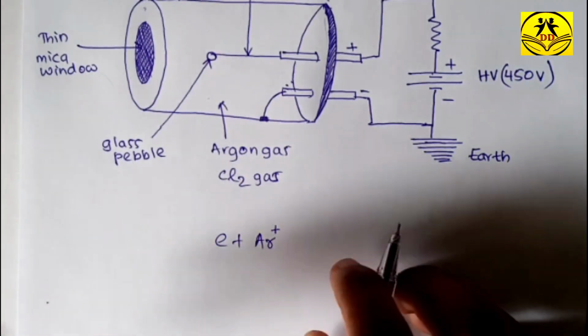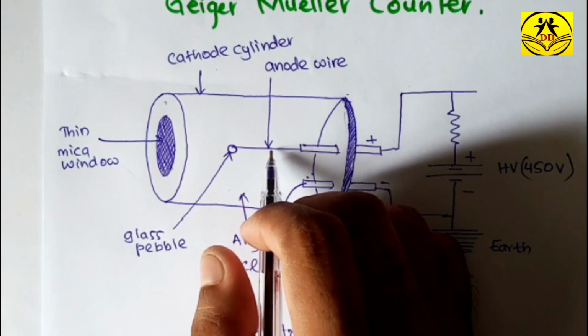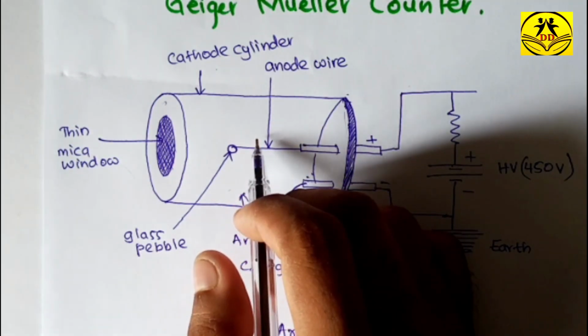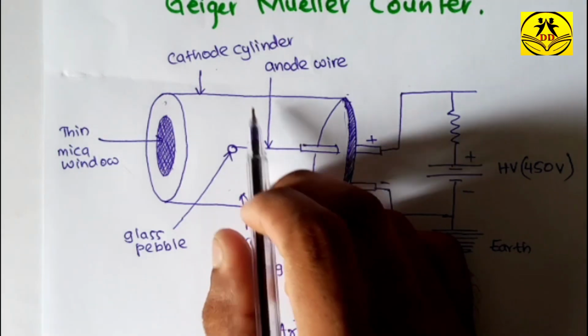The formed electrons will be attracted towards the anode, which is in the center, and the positive ions will move towards the cathode.